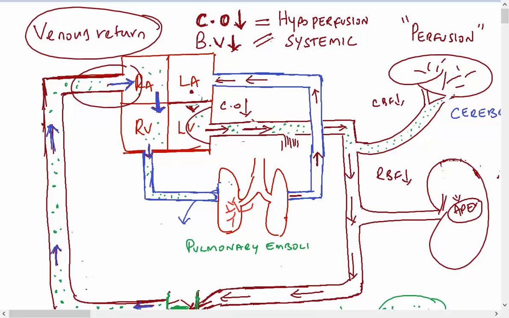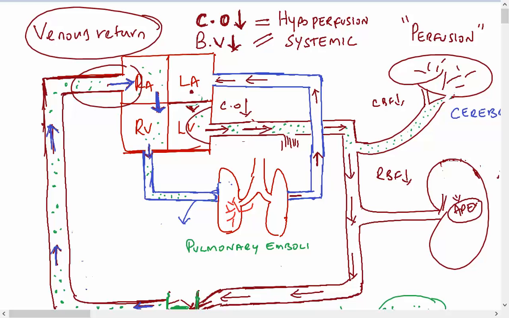So with these two conditions, reduced cardiac output or reduced plasma volume: if cardiac output is reduced, it will lead to systemic hypoperfusion, and if blood volume is reduced, it will lead to systemic hypoperfusion.